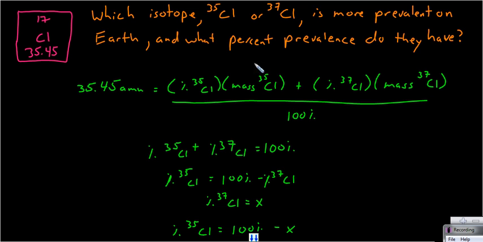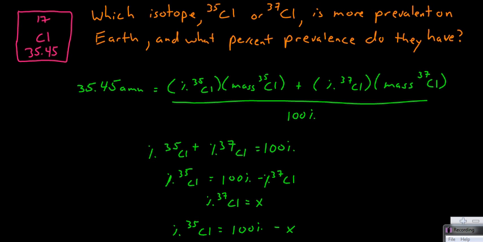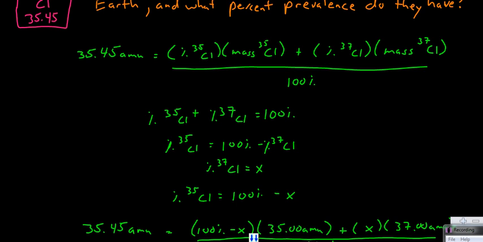Now, you can solve this using algebra, considering the equation that we saw in the last video. You could say that the weighted average atomic mass is 35.45, and that is equal to the percent of each isotope times the mass of that isotope, all divided by 100%.